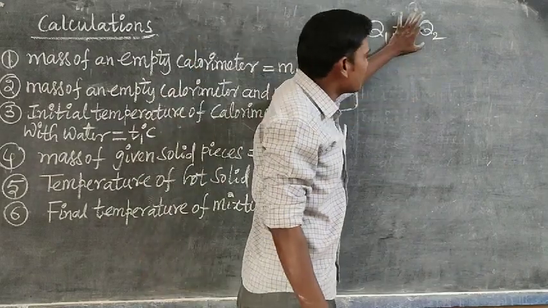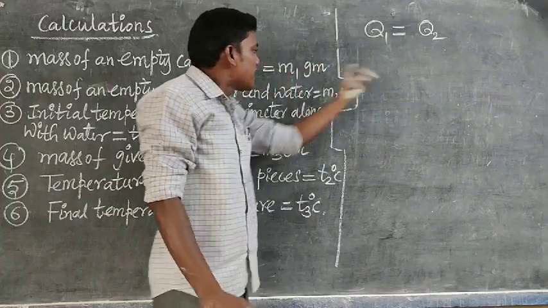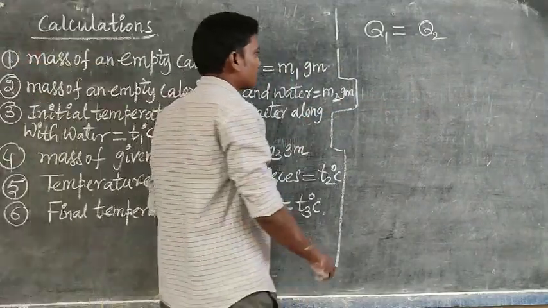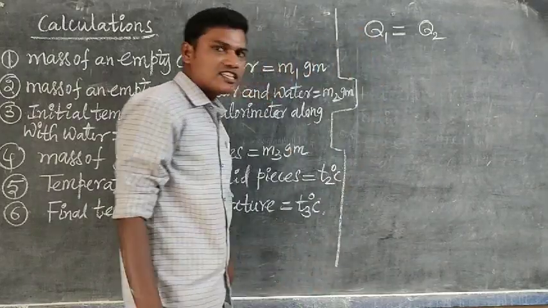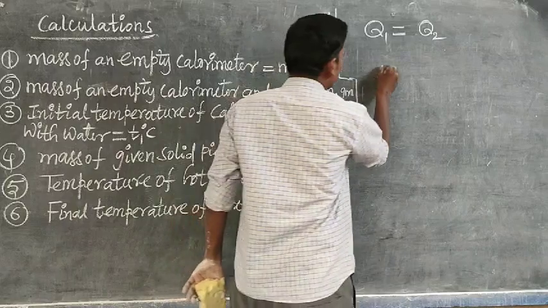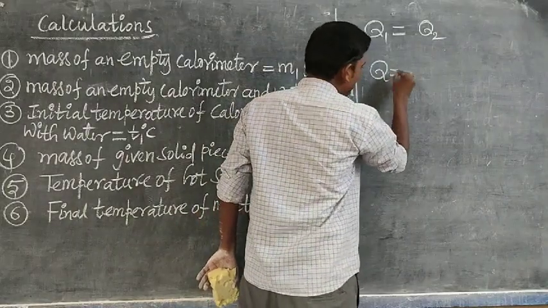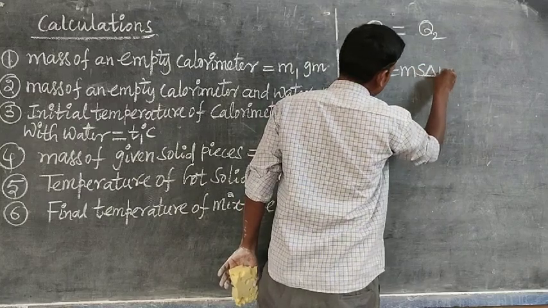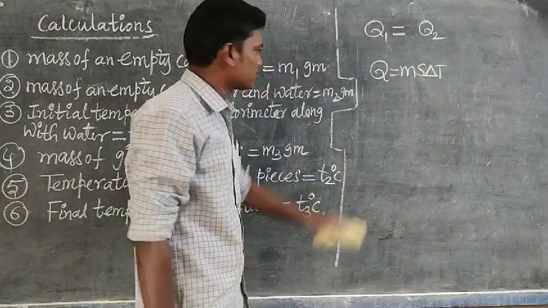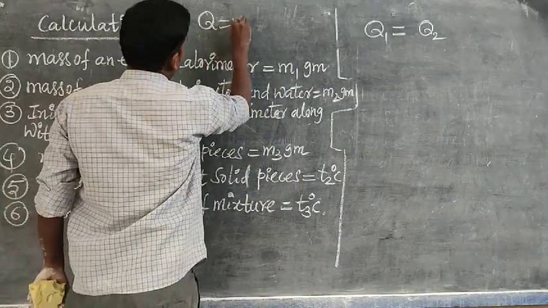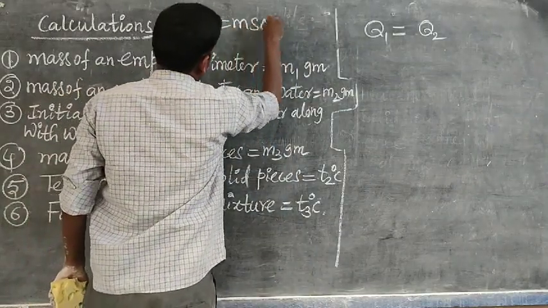Next, Q2 represents the heat energy taken by the calorimeter and water. Already in the specific heat concept I have clearly explained this. What is the formula to find the Q value? Q is equal to m s delta T. Is that very clear? So I will write here Q = m s delta T.